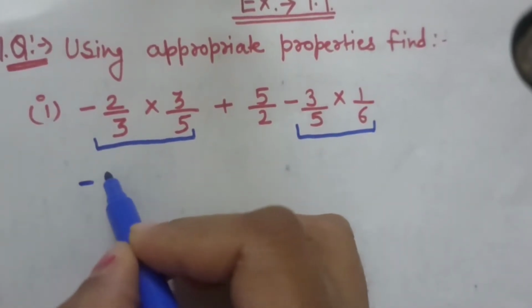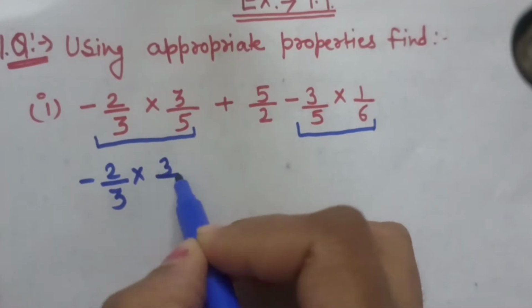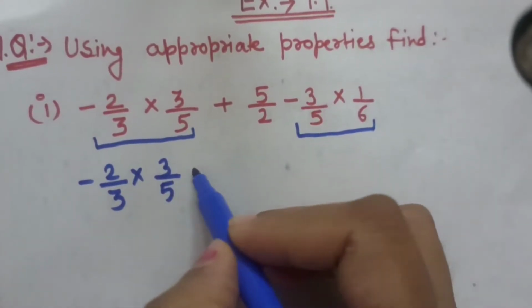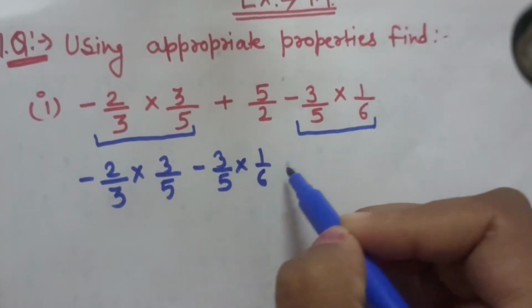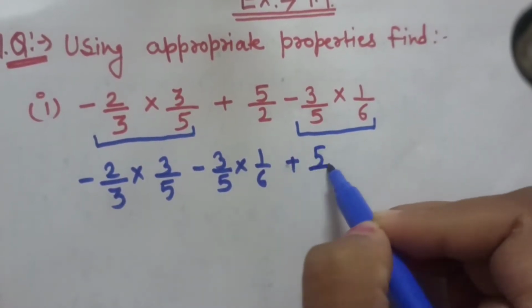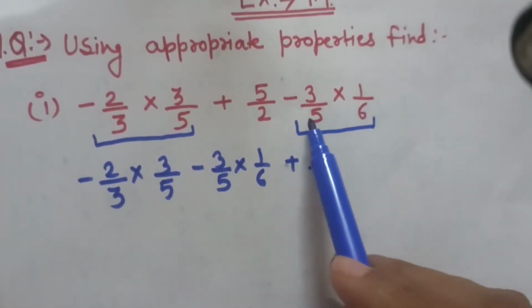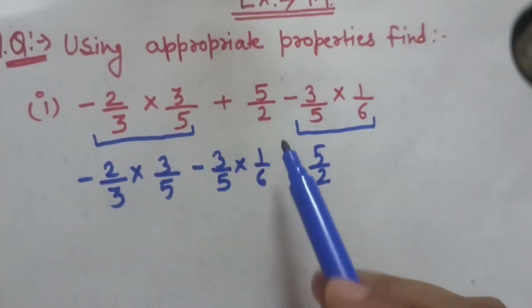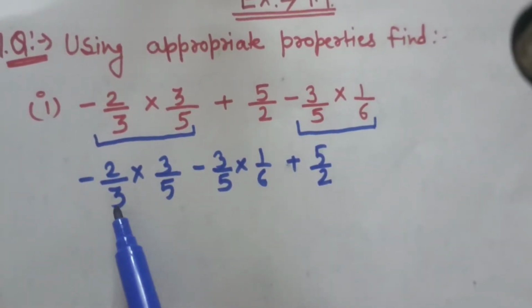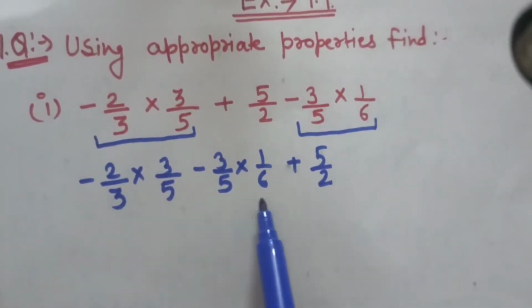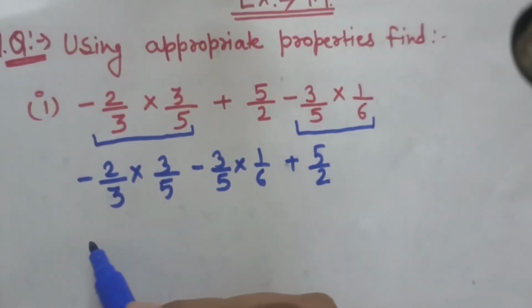So we can write this as well. We moved this term before 5 by 2 because we need to take 3 by 5 common in this given situation.